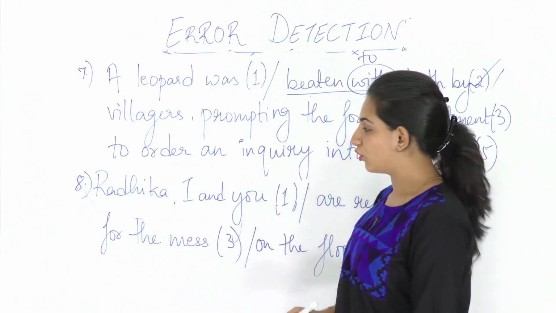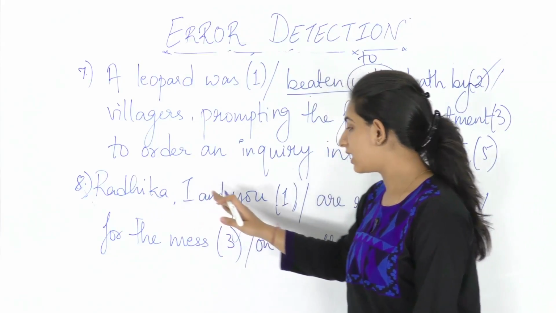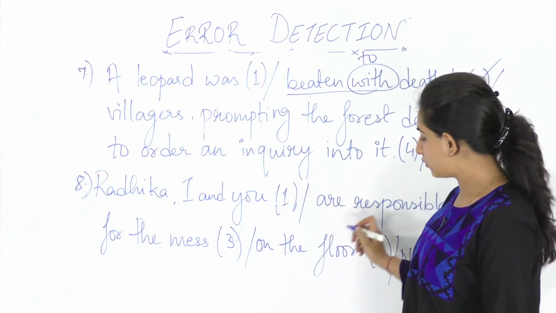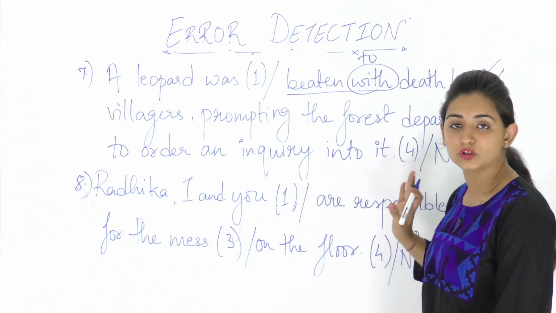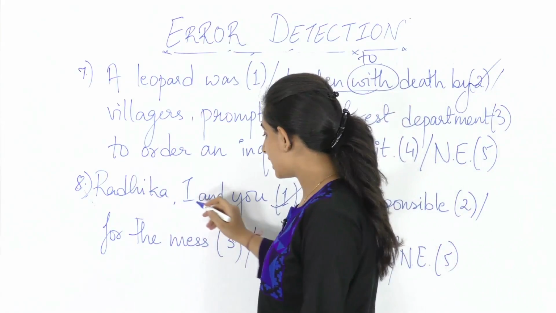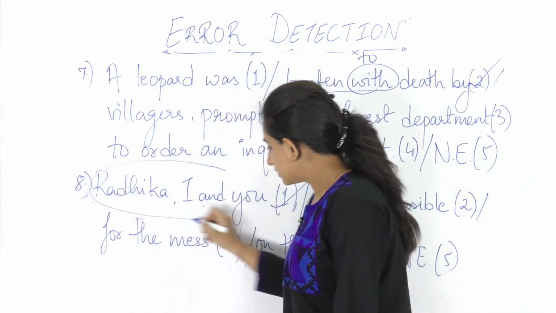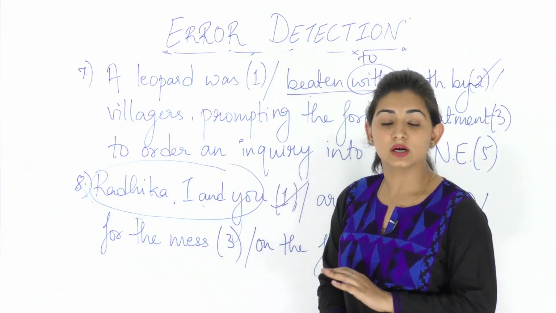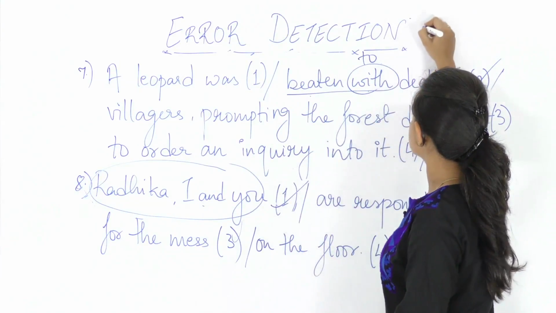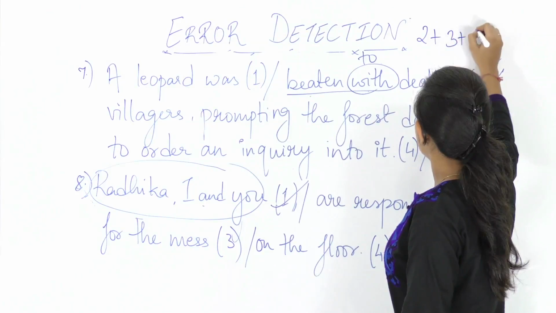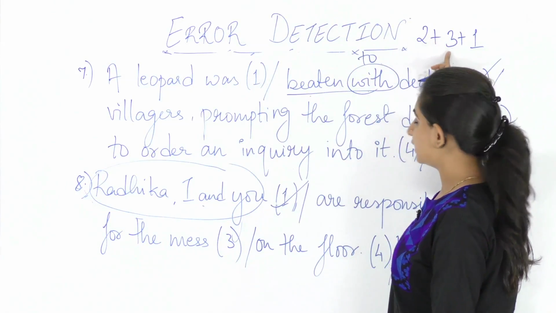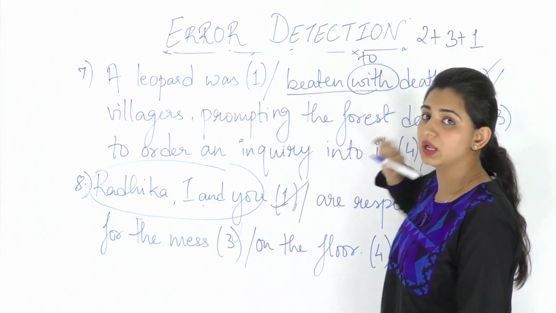Now if we have a look at the 8th sentence, it says Radhika, I and you are responsible for the mess on the floor. Now we don't have an error in 2nd, 3rd or 4th part. We have an error in the 1st part. It says Radhika, I and you. All the pronouns and nouns that are used here are singular, and when we have singular pronouns, what we follow is 2 plus 3 plus 1. What does it mean? We place the 2nd person first, 3rd person after that, and 1st person after that.